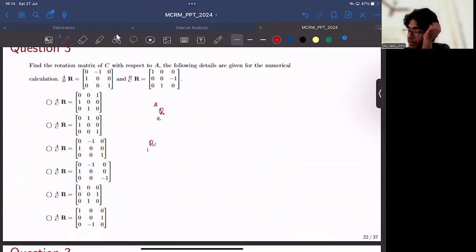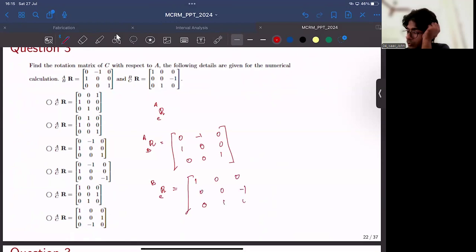The rotation matrix of B with respect to A is given as 0, minus 1, 0, 1, 0, 0, 0, 0, 1. And the rotation matrix of C with respect to B is given as 1, 0, 0, 0, 0, minus 1, 0, 1, 0. And the question is to find out the rotation of C with respect to A.